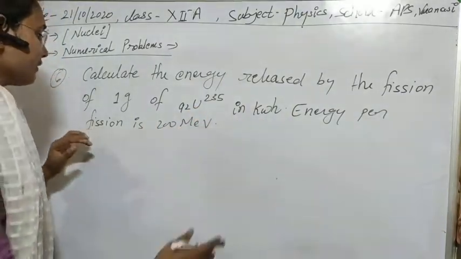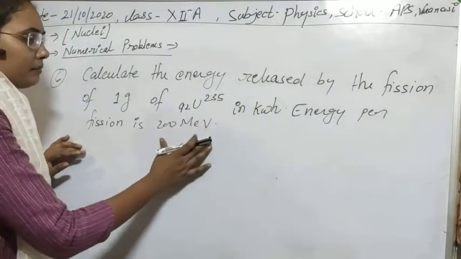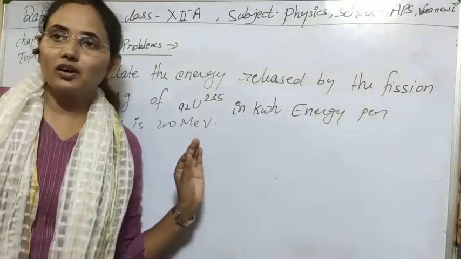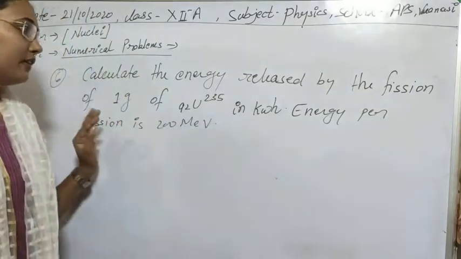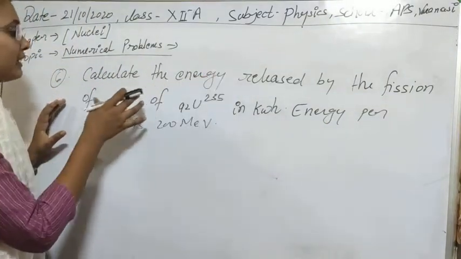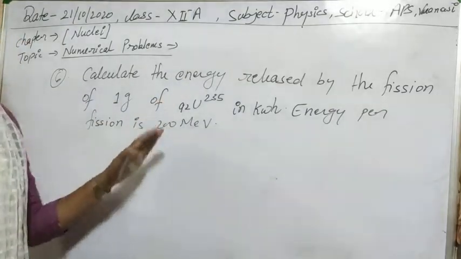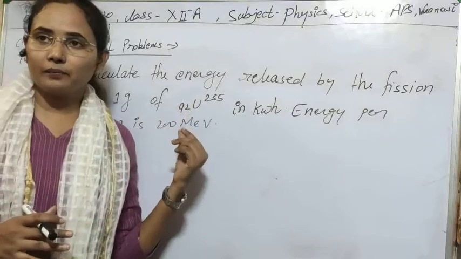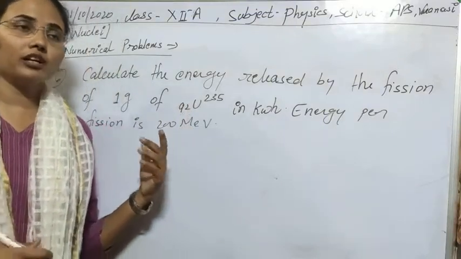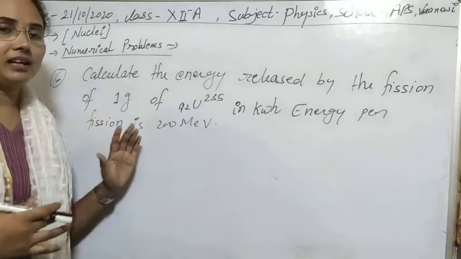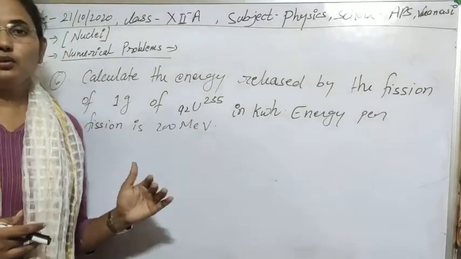It is given that the energy per fission is 200 mega electron volt. Here the main concept is the conversion of units. First we have to calculate the energy released by the fission of 1 gram of uranium. If 1 gram of uranium undergoes nuclear fission, what amount of energy will be released in that process?